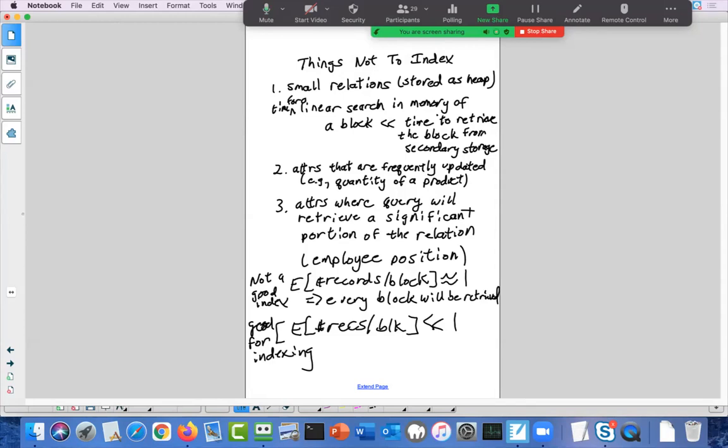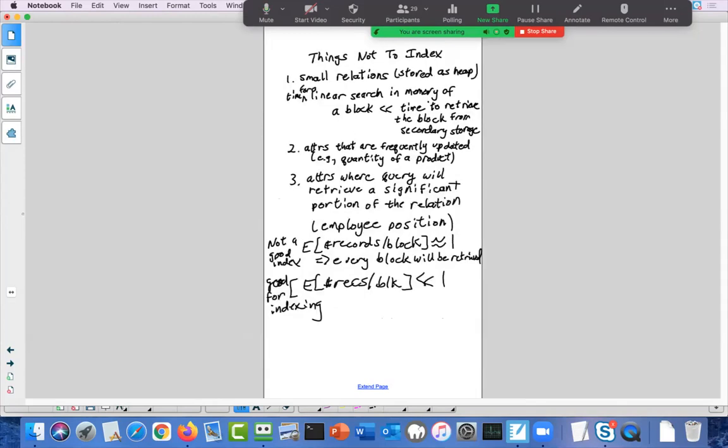So is that clear? Not getting any questions. Oh, go ahead. Well, I was just going to say that's good, because the whole point of indexing, and I assume we're talking about sparse indexing, is to use the index to quickly get to a block. Yes. And then you can do the block scan. Exactly. Within the block. And if you're just going to do all the records in all the blocks, which is basically a full table scan, the overhead of the index isn't worth it anymore.